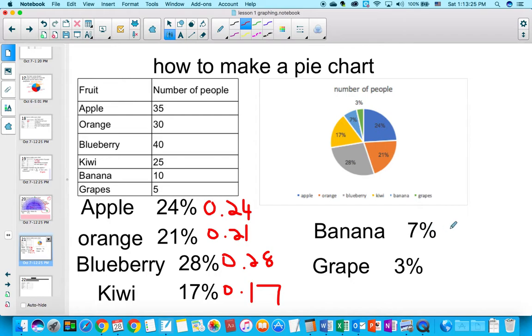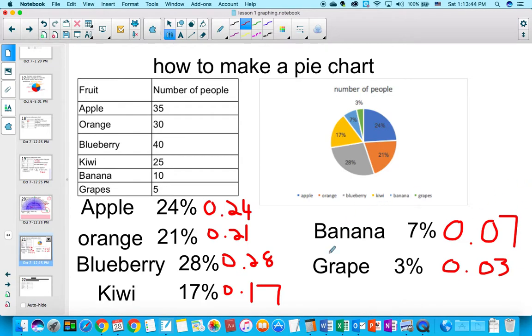Bananas, 7%. Remember, if you have less than 10%, you'd have 0.07, not 0.7. 0.7 is 70%. 3%, 0.03, right? 0.03.